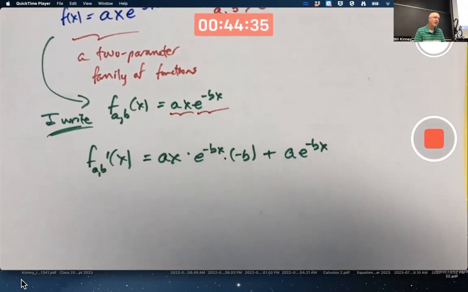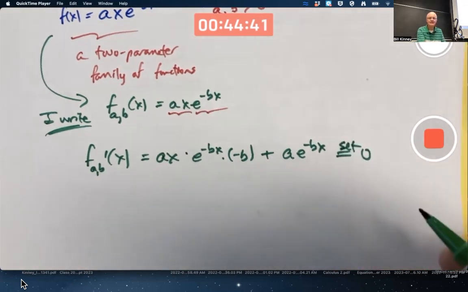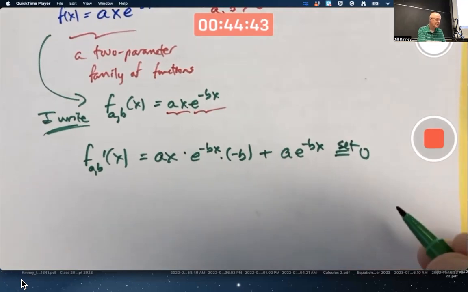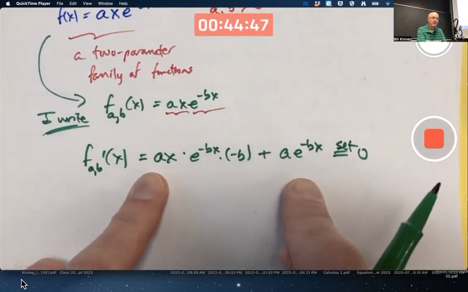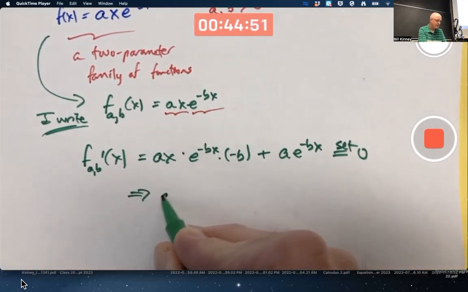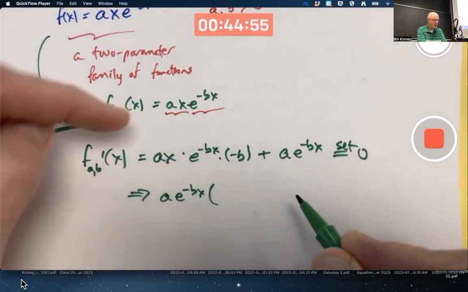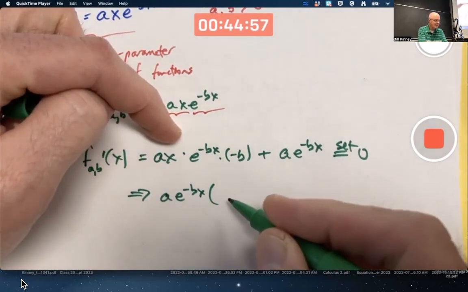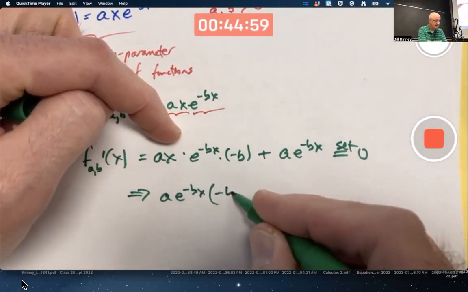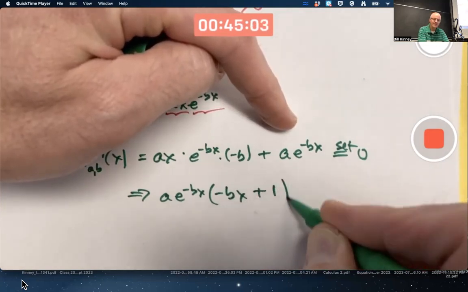We want to figure out where this is 0 to find critical points. Set this equal to 0 and solve for x. It's almost always a good idea to factor out any common factors. In both terms, there's a factor of a, and there's also a factor of e to the negative bx. Factor those out. What's left over from the first term is a negative b times x. What's left over from the second term is 1, right?